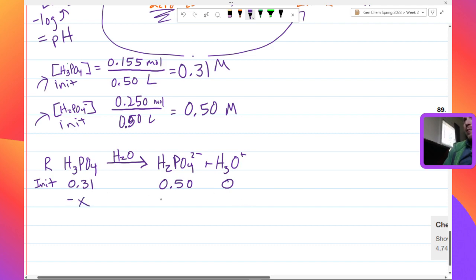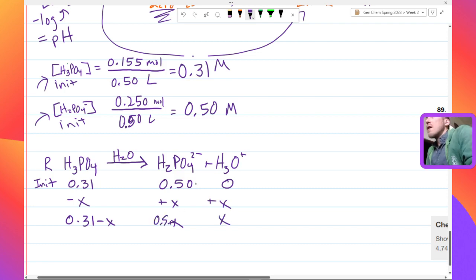And then this goes down by x, this goes up by x, this goes up by x, and we end up with 0.31 minus x, and 0.5 plus x. Sorry, that was a little sloppy. There we go.